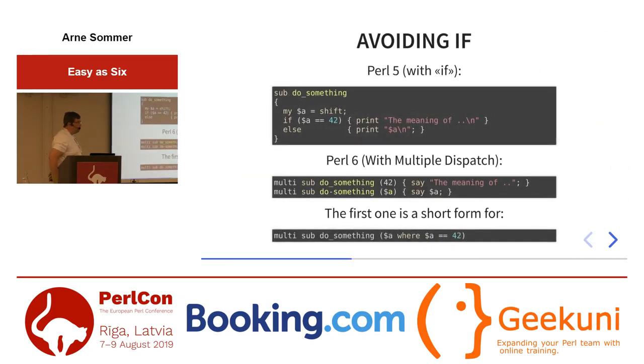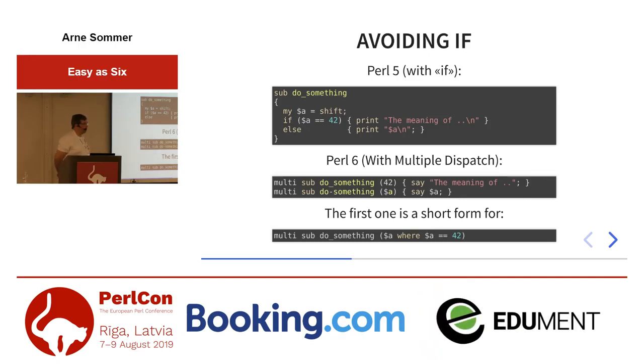We can avoid using if in Perl 6. If you have an if block like that in Perl 5, in a procedure you can in Perl 6 do it with multiple dispatch. Different versions of the procedure call depending on the argument.